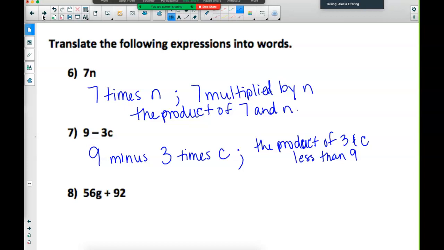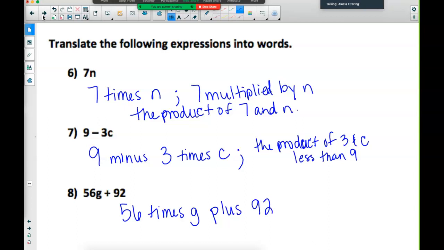Okay, last one. It's the quickest, easiest way, Raylan. 56 times g plus 92. Absolutely. 56 times g plus 92.